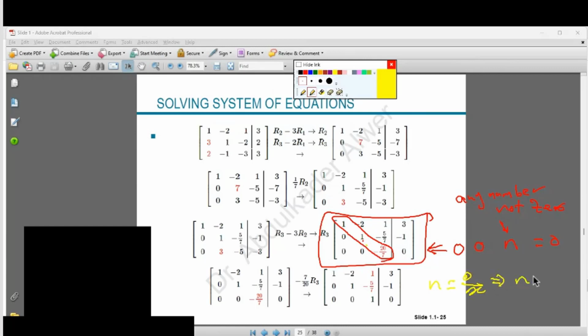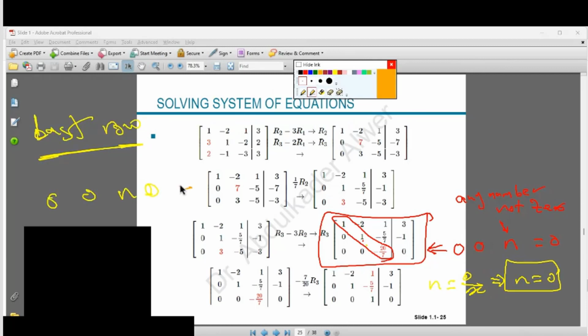That means n equals 0. Correct? So if I have now 0, I'm talking about the last row, 0, 0, n equals 0. That means here n equals 0.